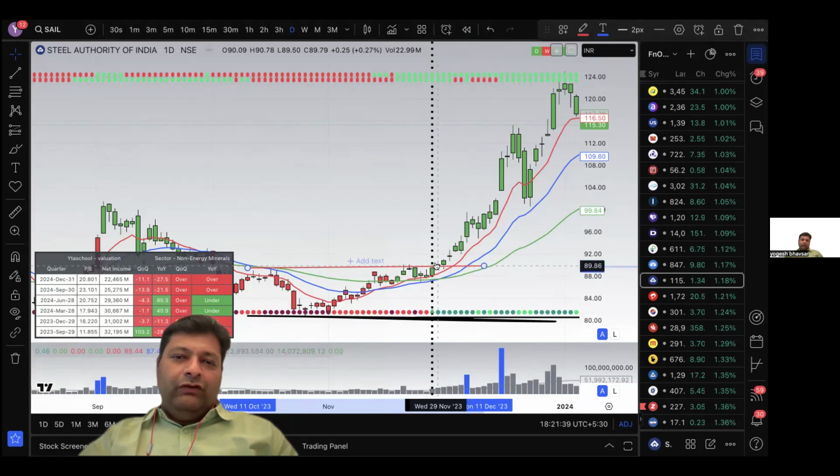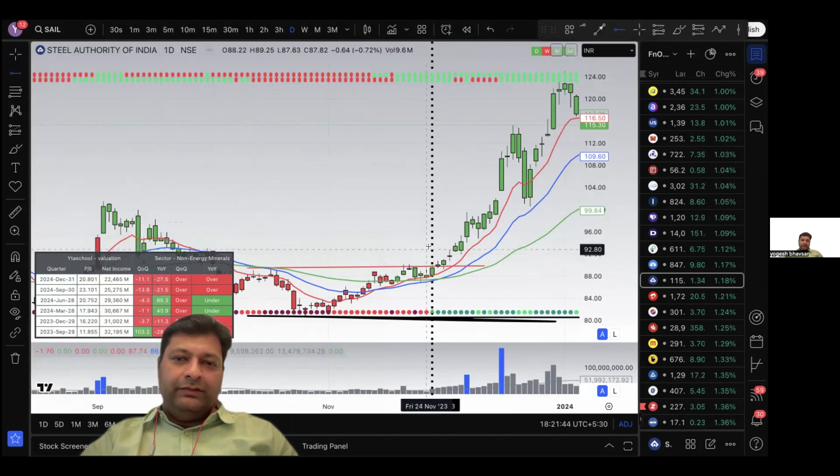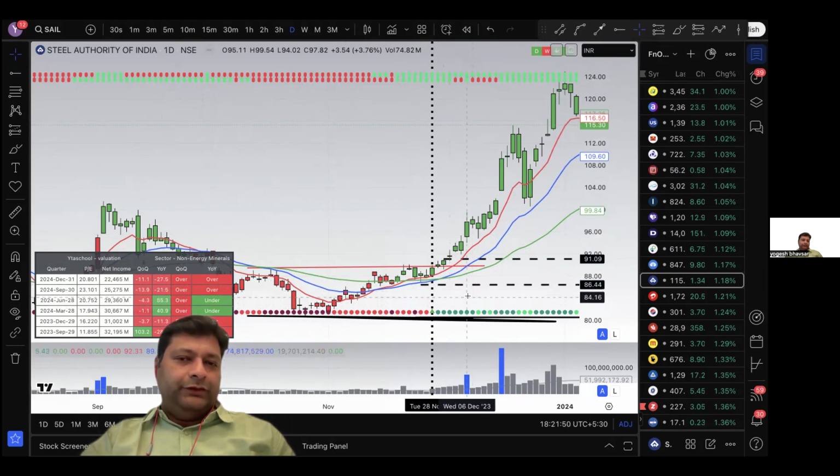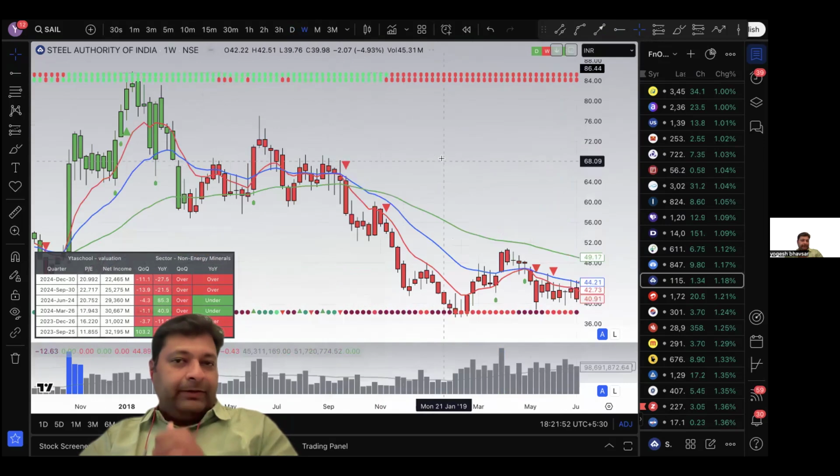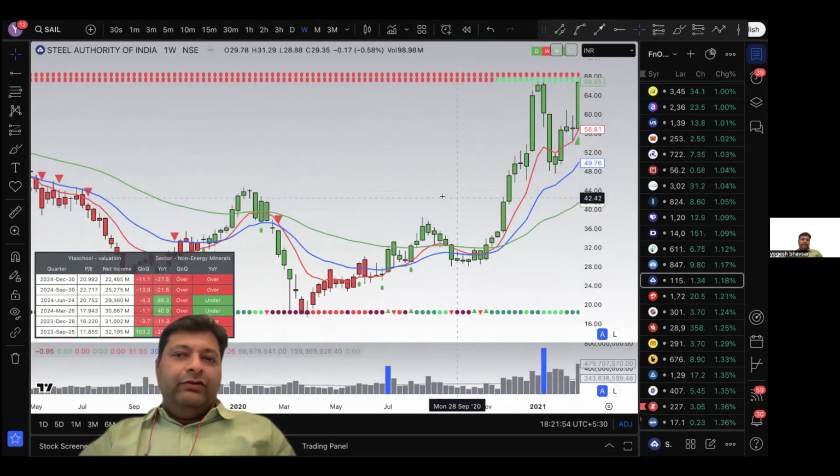So the closing of this good candle can be your entry over here, and this swing low can be your stop loss. Okay. Now where should you exit? It's very simple.